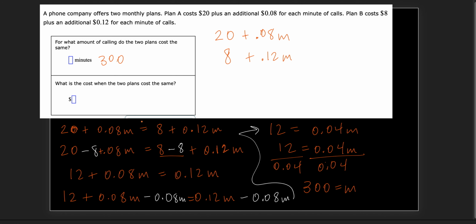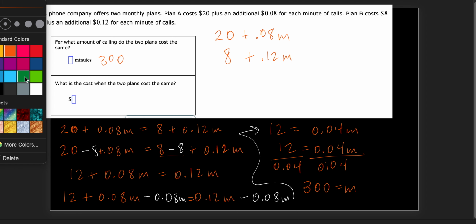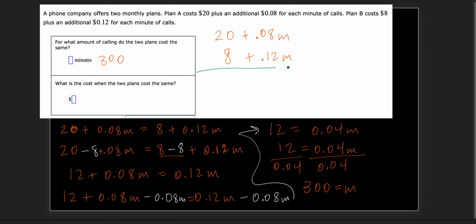What is the cost when the two plans cost the same? You just take either one of these equations and plug in 300 for m, and you can find the answer for that. So I'll do that right here. I'll just use the bottom equation. I'm going to plug in 300 in for m and simplify that.